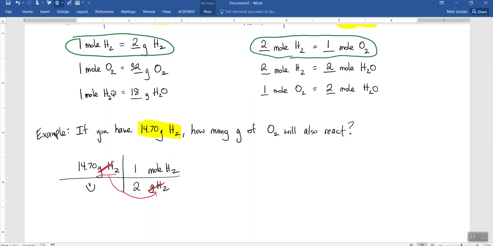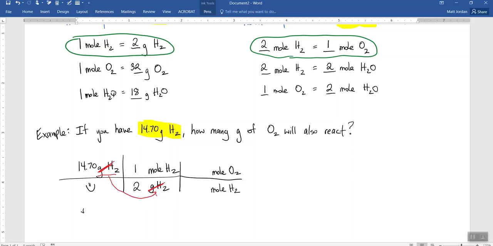So we are going to add a T-table to our current T-table. This unit always goes down here, and the unit that we're going to, moles of O2, goes up above.